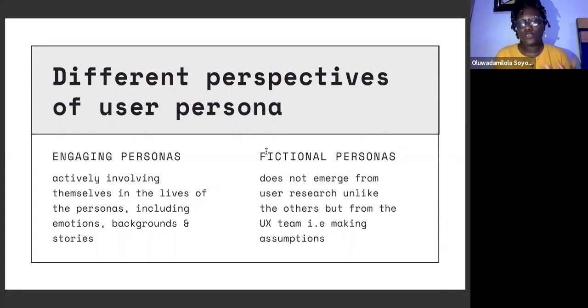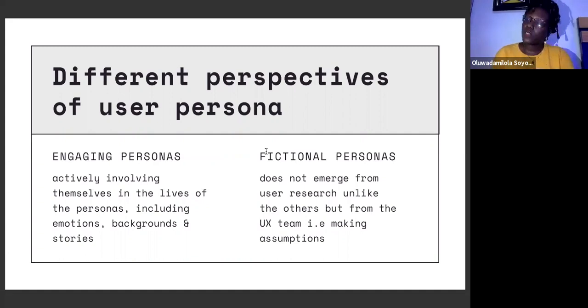So it's advised that you use real users when creating your personas, real users that you got from your research, unlike using assumptions or coming up with them yourself. Fictional personas don't emerge from user research, unlike the others, but they are made up by the UX team or the designer, right? And most of the time, unless when necessary, it's advisable not to assume as a designer.